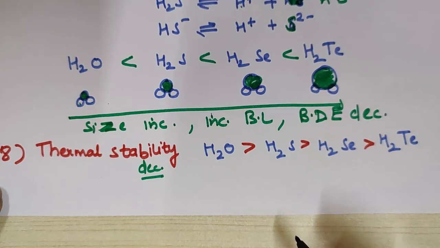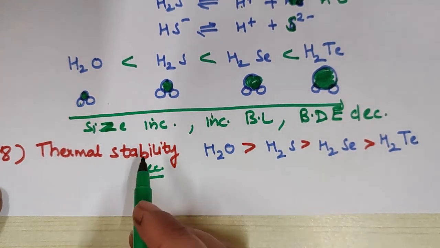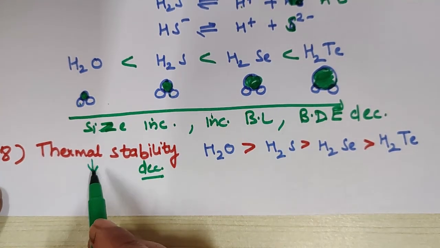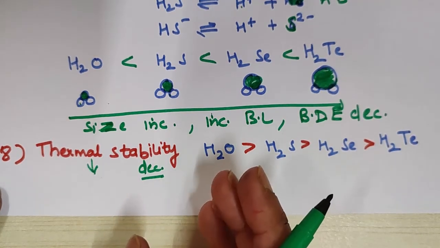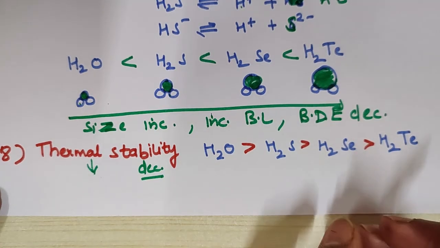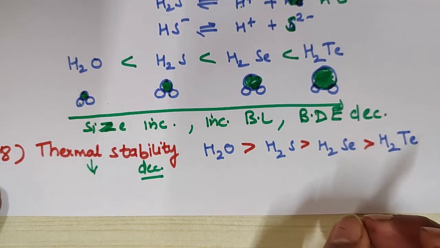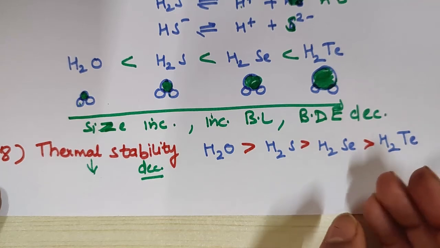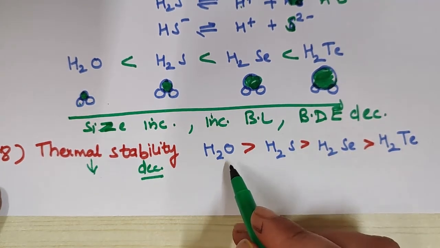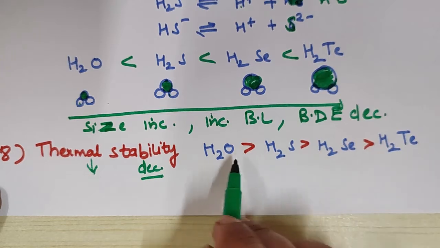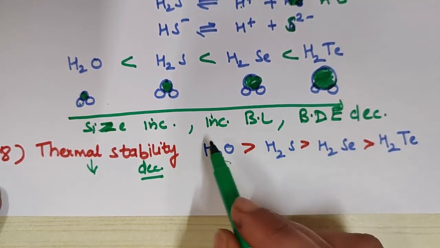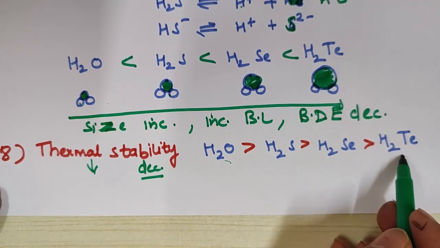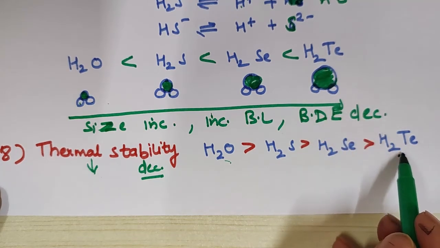The next property is thermal stability. What do we mean by thermal stability? It means that if you apply heat energy to a hydride, which of the hydrides will break easily and is unstable. As we move down the group, thermal stability decreases. The reason is that size increases, bond length also increases, and bond dissociation enthalpy decreases.